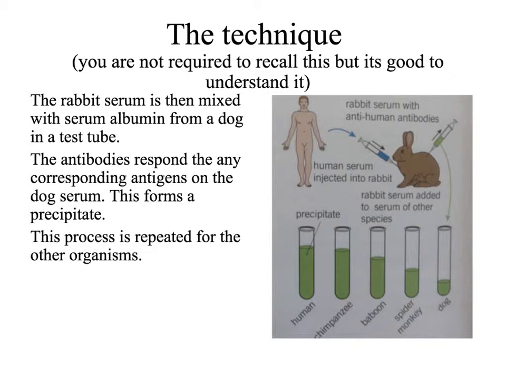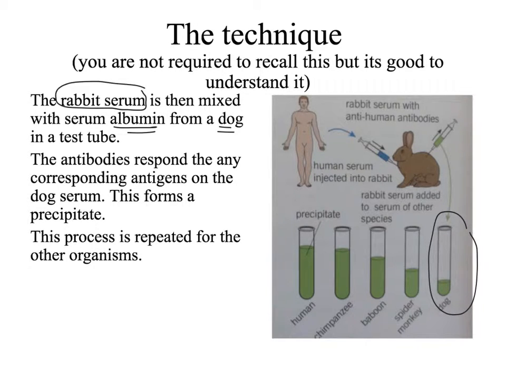Okay, so what you do is you then take the rabbit serum. Now remember that rabbit serum is containing those antibodies to the human albumin, and you mix that with the albumin from a dog. So here's our dog here.